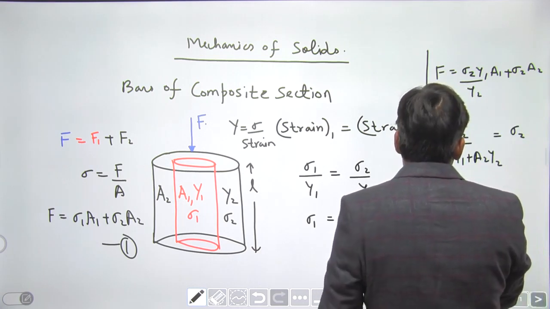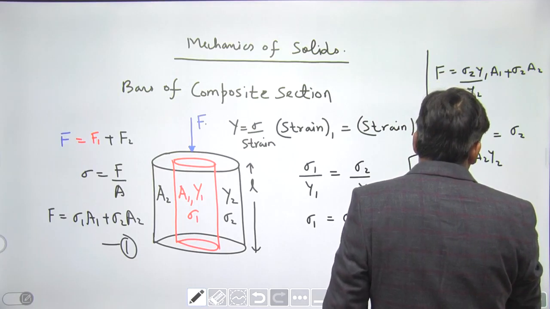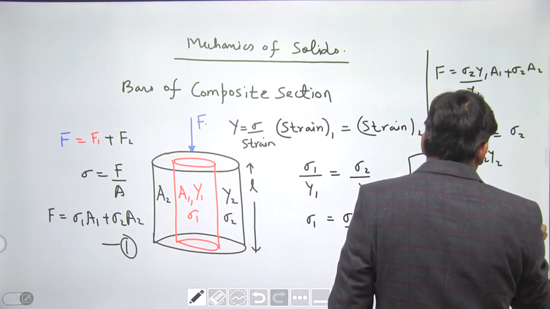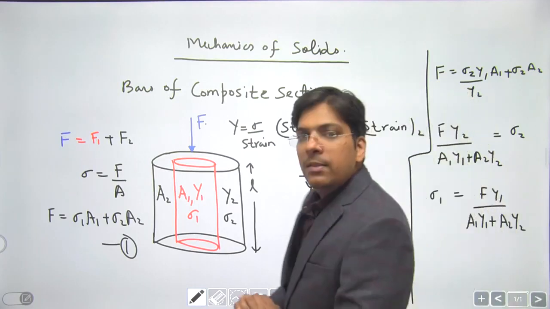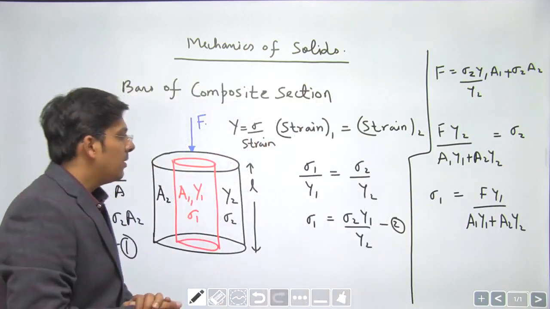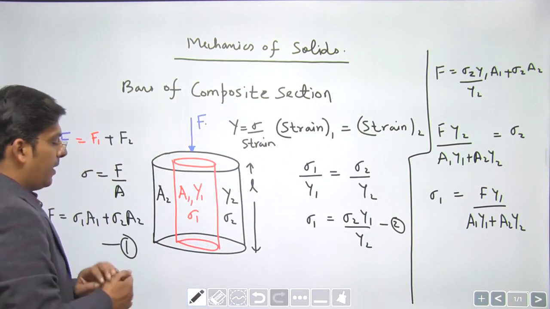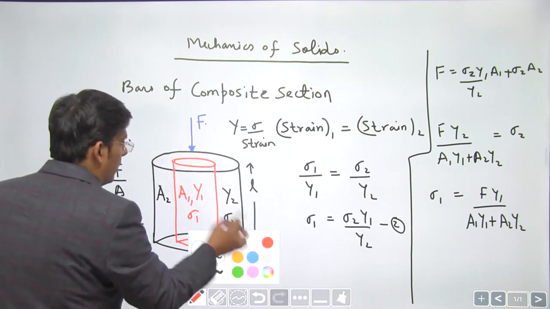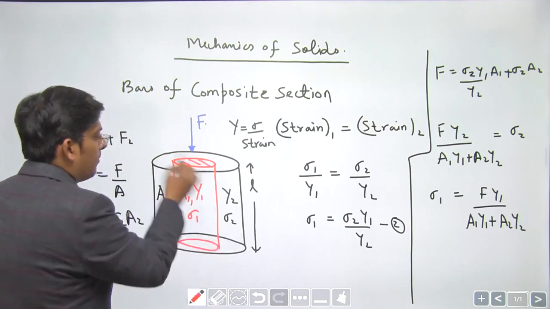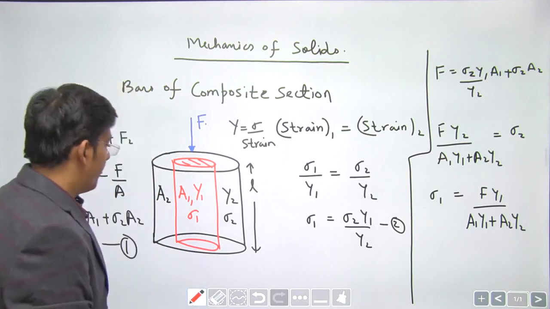Similarly, sigma 1 will be F y1 divided by a1 into y1 plus a2 into y2. This is the case of bars of composite section, right, dear students? So stress is calculated in this way in the different portions. In the red portion, the stress is given by sigma 1. In the black portion, stress is given by sigma 2.